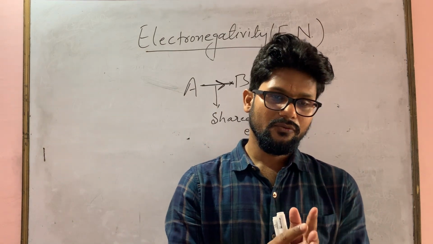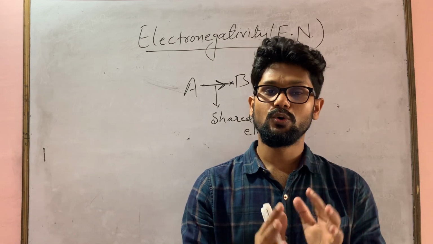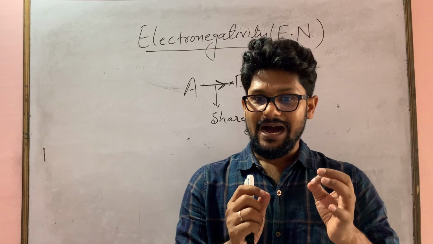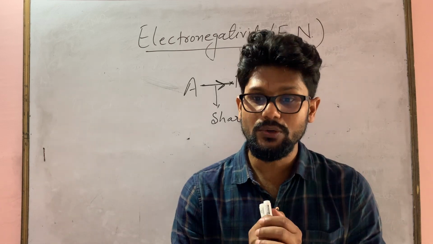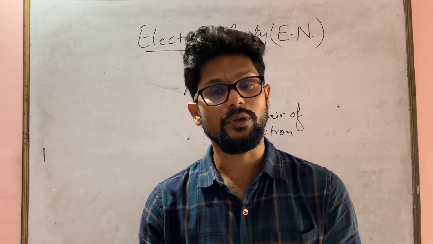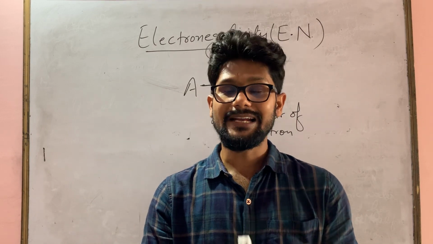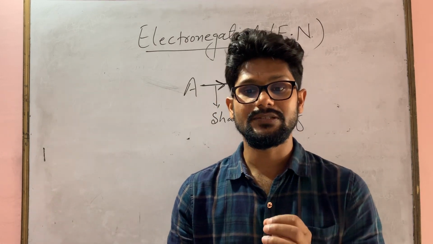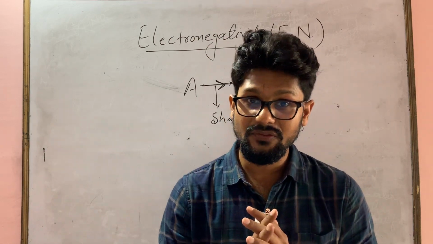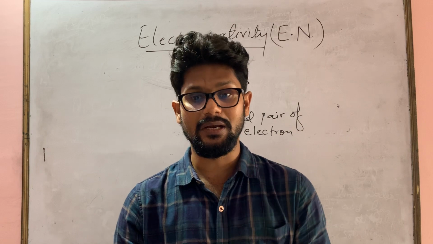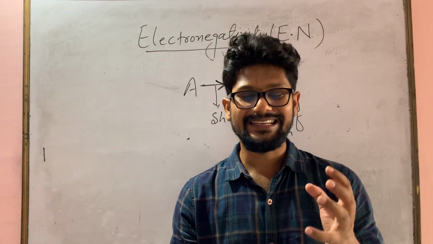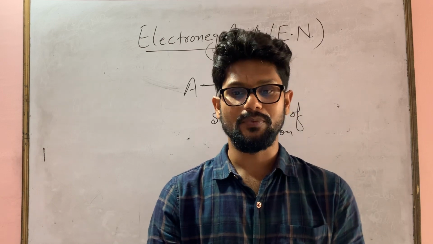He found that in the whole periodic table, the highest value of electronegativity is that of fluorine, which is 4.0. The lowest value of electronegativity in the whole periodic table is that of Cs, cesium.